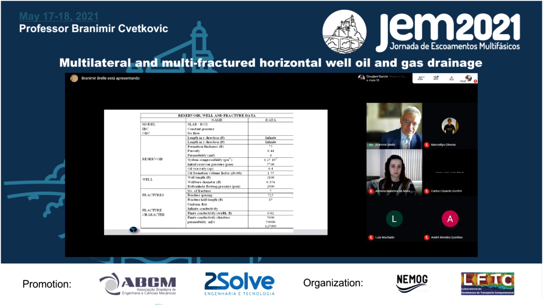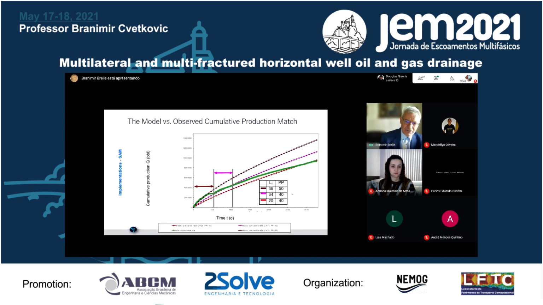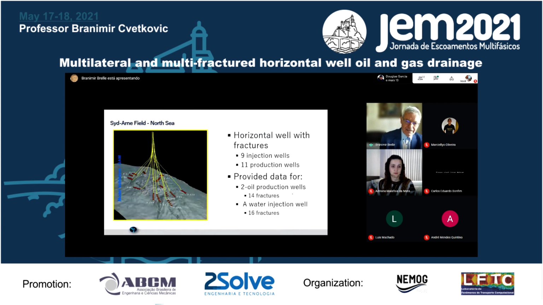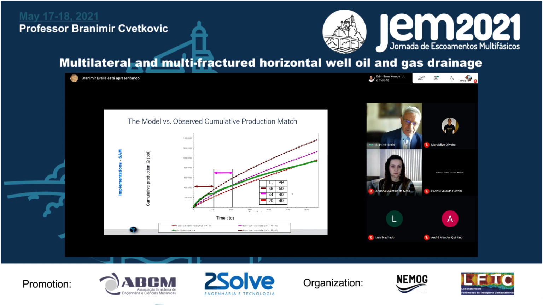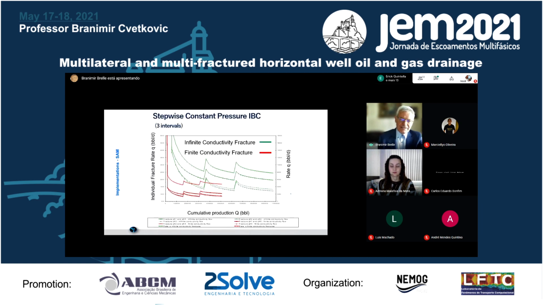This is the model we discussed. We went through all this. And here I'm getting another. What is important here is that I see the difference when I'm changing the inner boundary conditions. I'm setting 3 different constant rates.